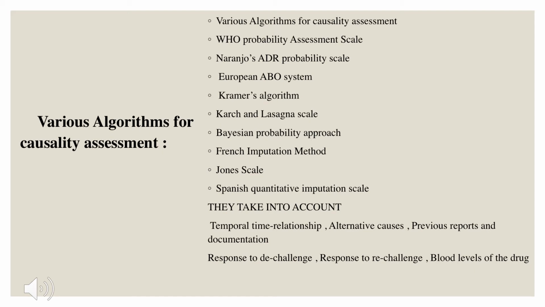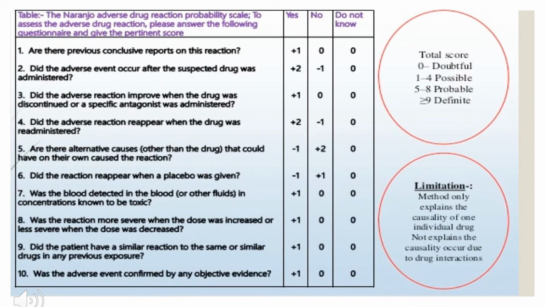All these assessments take into account the temporal relationship, the alternative causes that are possible for that particular ADR, the previous reports of that drug, whether anything is documented, the responses to dechallenge and rechallenge, and the blood levels of that drug.